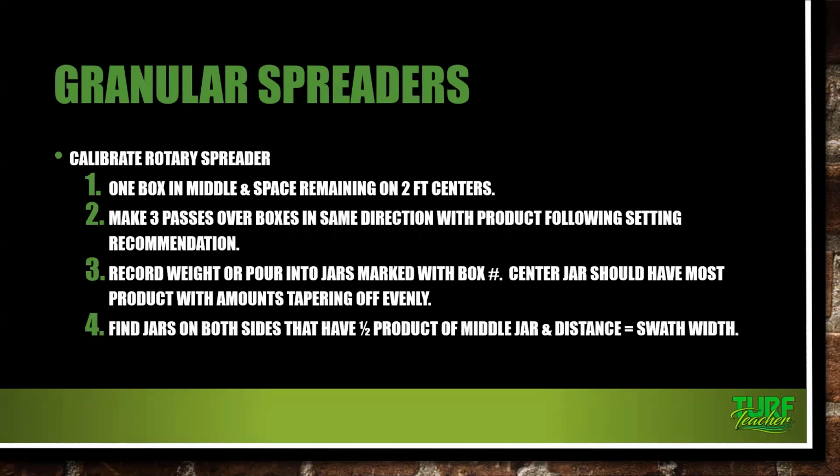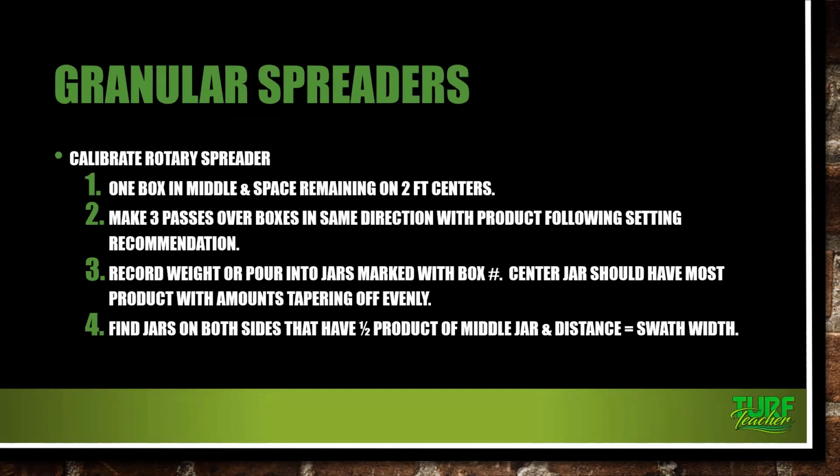But calibrating these rotary spreaders, which are going to be hot to trot in a couple of weeks when we start putting out those first rounds of pre-emergent, we need to get some boxes. We need to put one box in the middle and then space the remaining ones on either side of it at 2-foot centers.